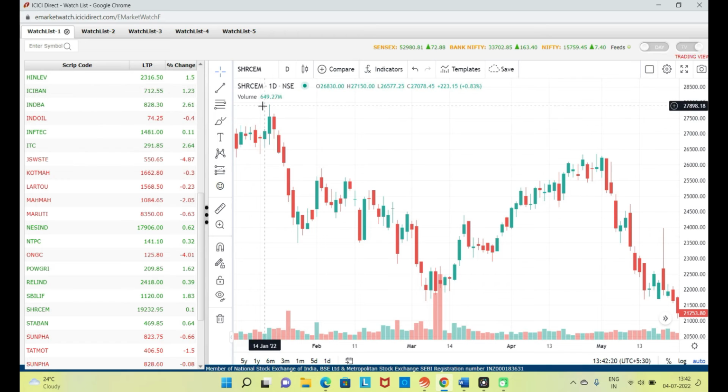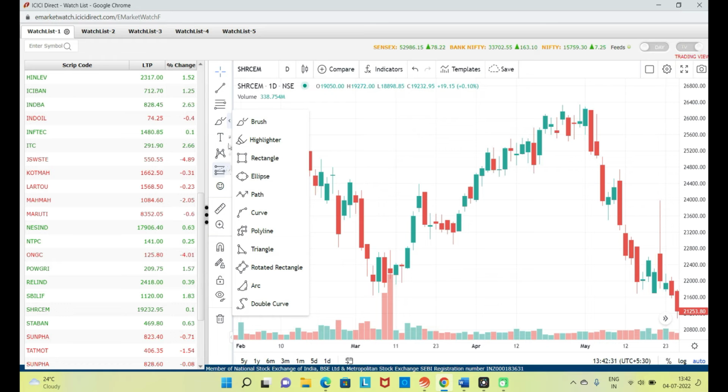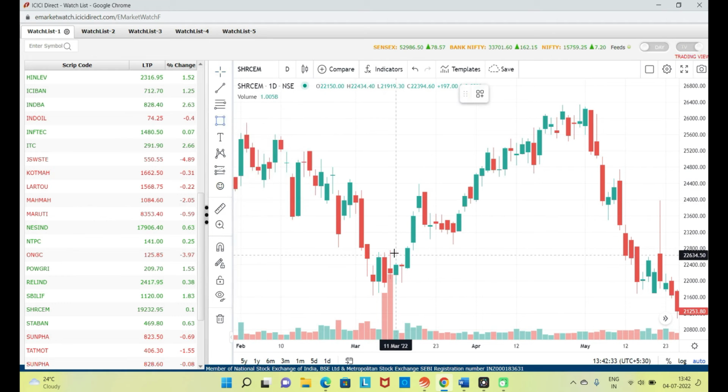Yes, you can see a downtrend here and here. After the downtrend, you can find a hammer here, and after that you can see how this stock has moved up. Here the color of the candle does not matter.